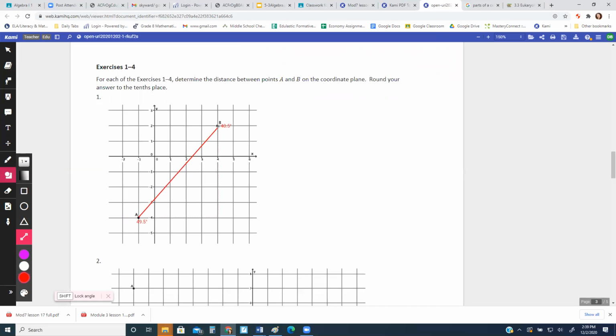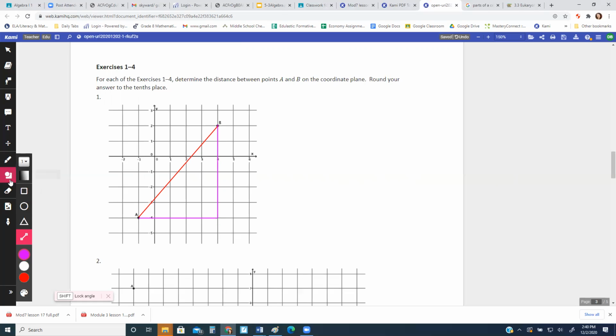So A is there, B is there. And let's figure out what the sides are. So there's the side. There's this side. All right, so what is this hypotenuse?